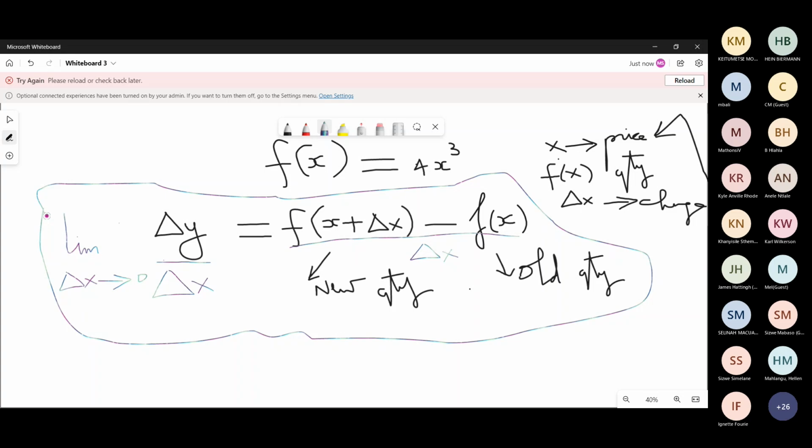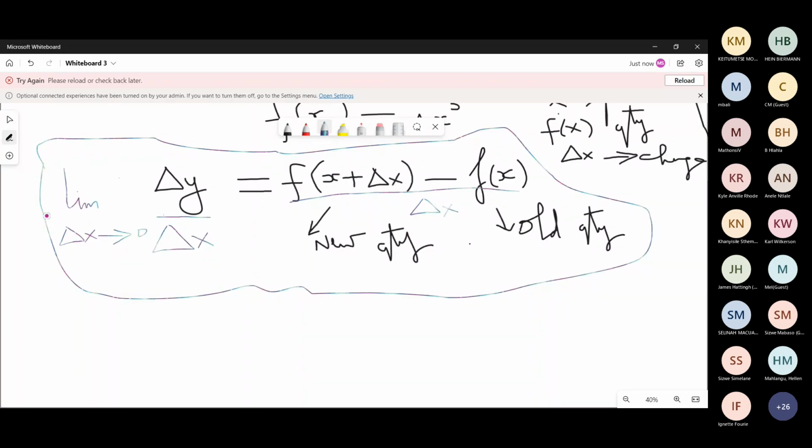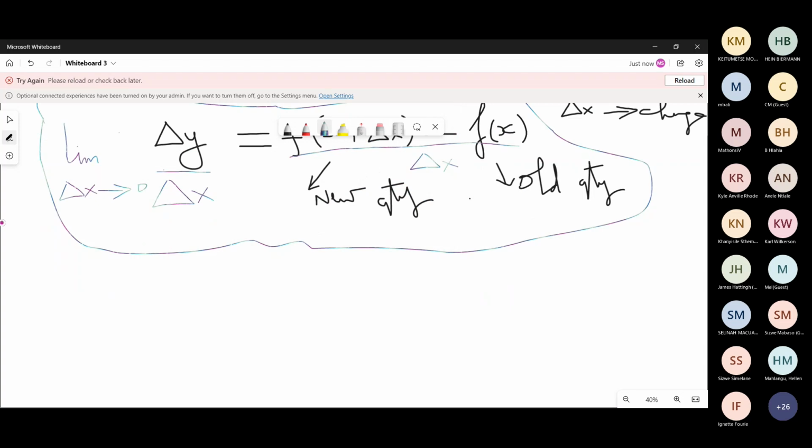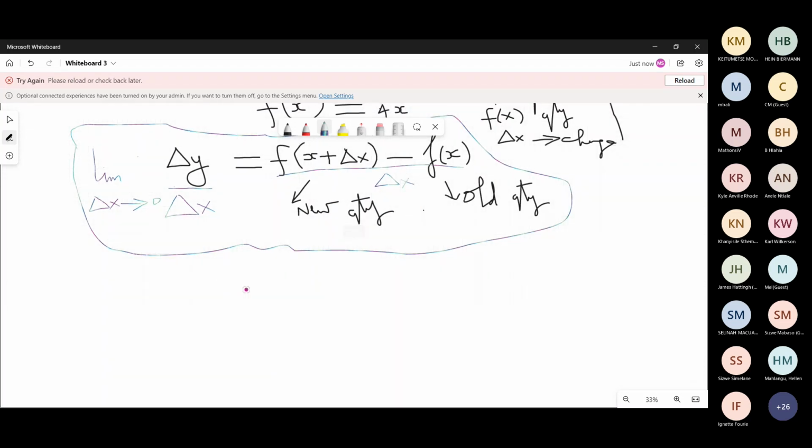Great. Let me take an example, maybe this can help. Q quantity equals, for a linear model, even much easier, 30 plus 5p.